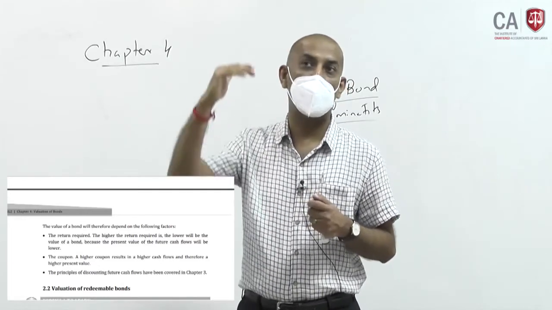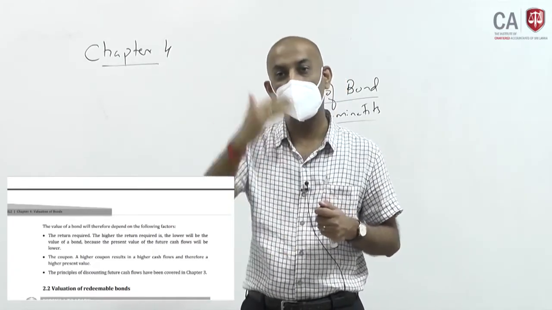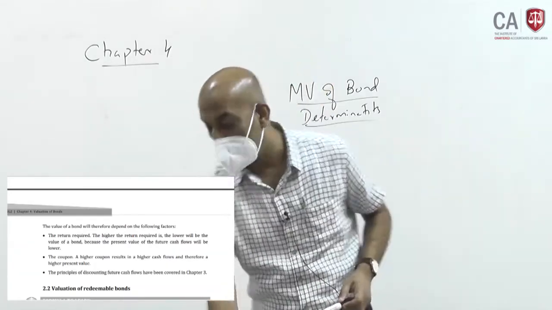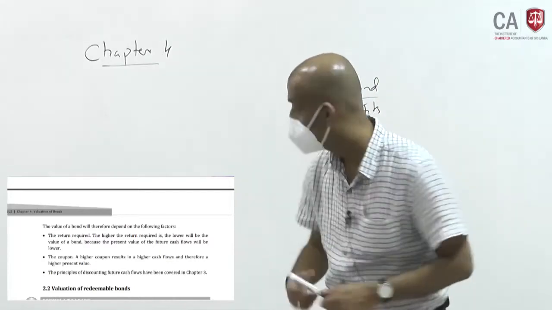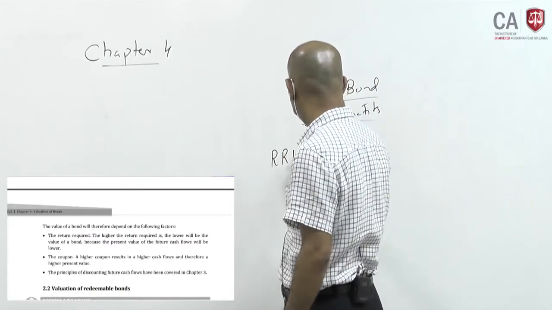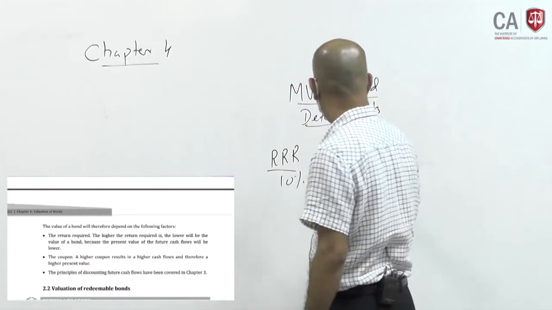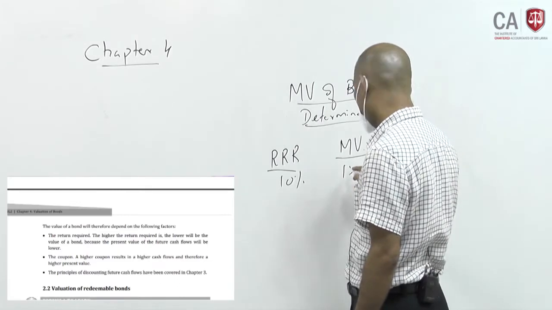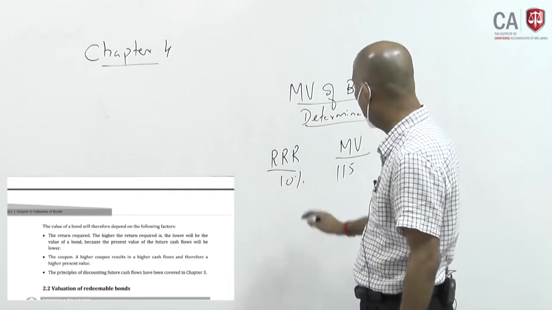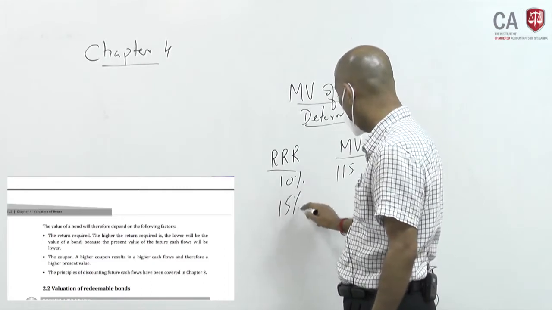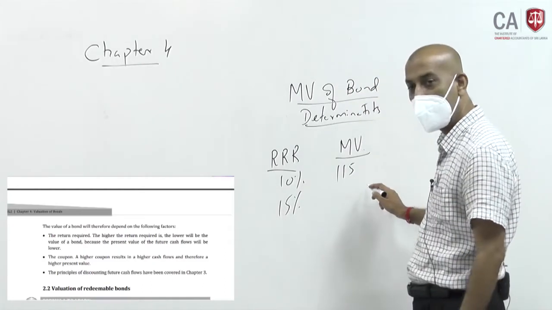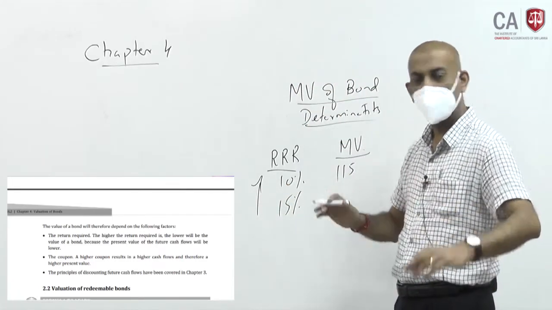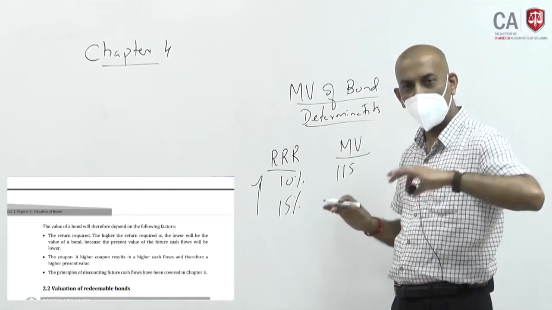So when my return goes up, value of the bond comes down. Why? I am discounting the future cash flows by that requirement. So if I take an example, say my return requirement is 10%, and the calculated market value of the bond is, say, 115. If I say my return requirement is 15%, what will happen to my market value? My return requirement has gone up. Cash flow will not change. My annual interest coupon rate will not change. Maturity value will not change.